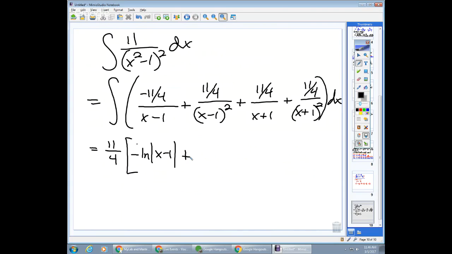Increase the power. U to the negative 1 divided by negative 1, or times negative 1. So then I'm going to get a negative 1 over x minus 1 for that one, plus natural log of the absolute value of x plus 1. And then similarly over here, we'll have plus negative 1 over x plus 1, plus c. Did I do that right?